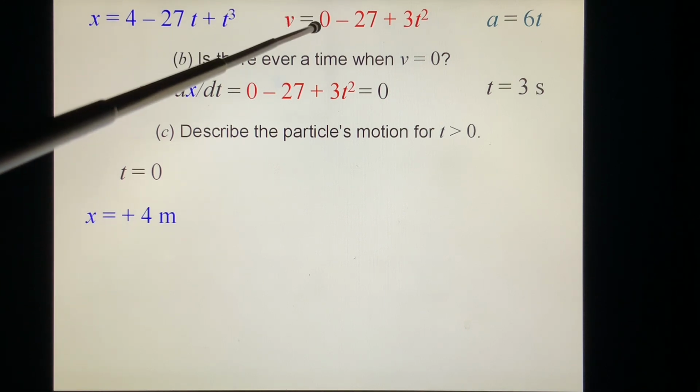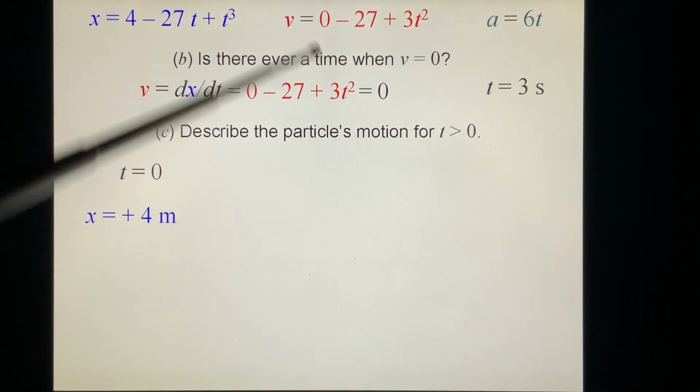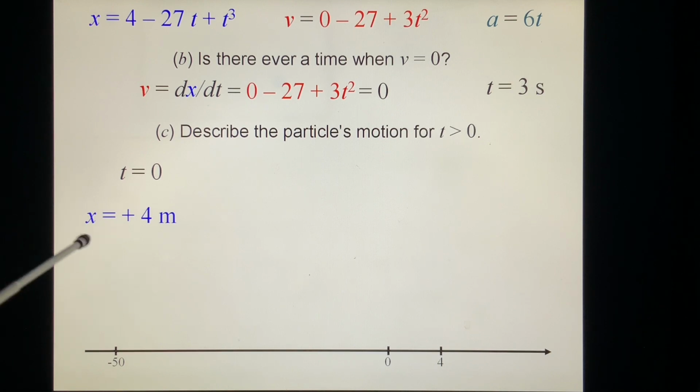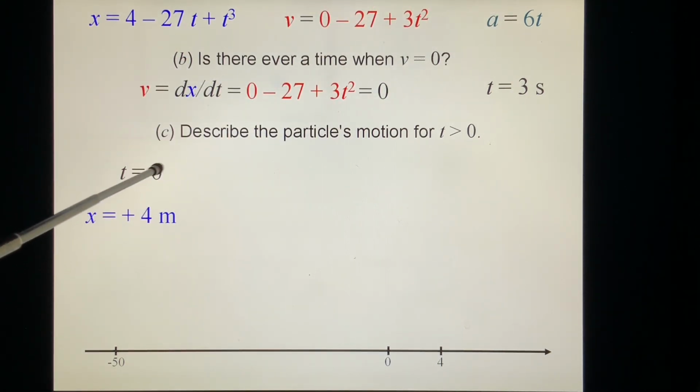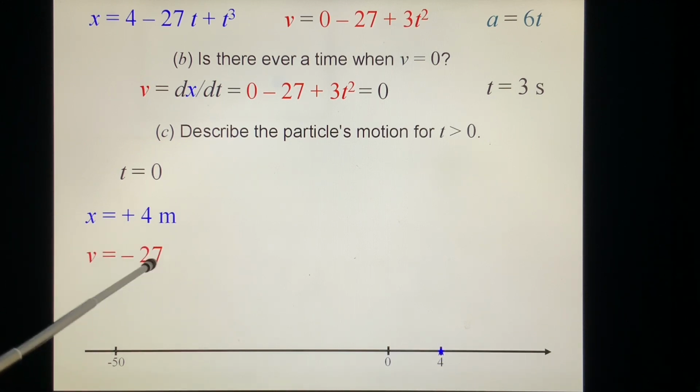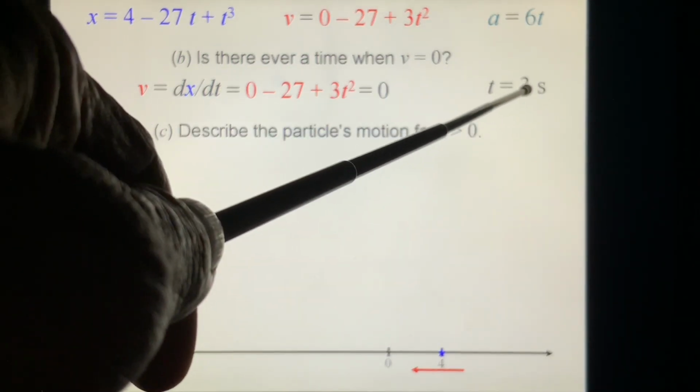Then velocity at t equals 0 is minus 27, and acceleration is 0. So when t equals 0, x is 4 in this direction, and the velocity is minus 27, going in the negative direction. A is 0. Then we see 3 seconds.